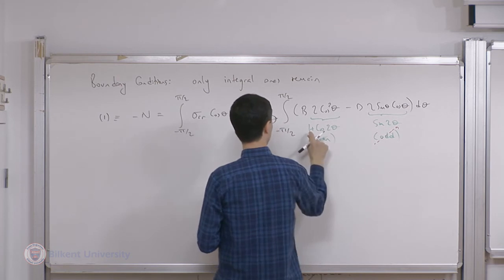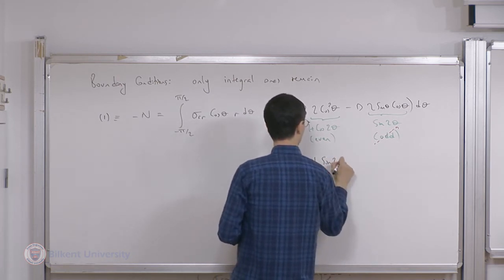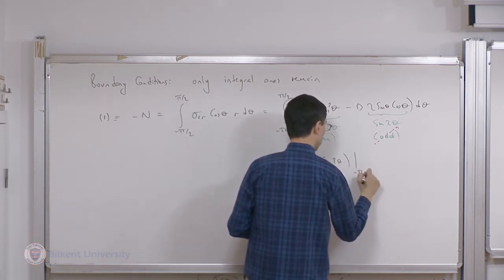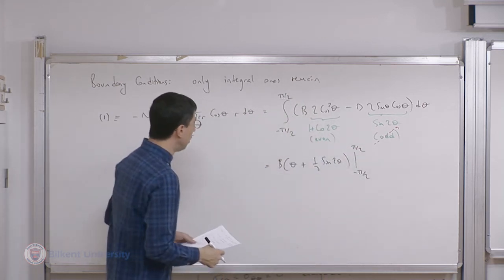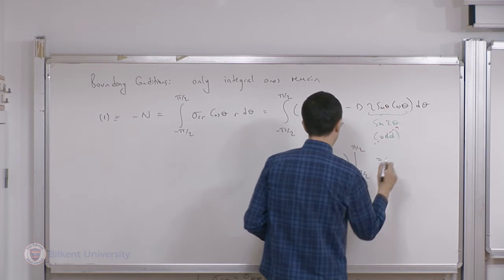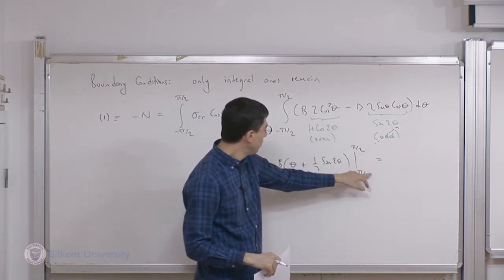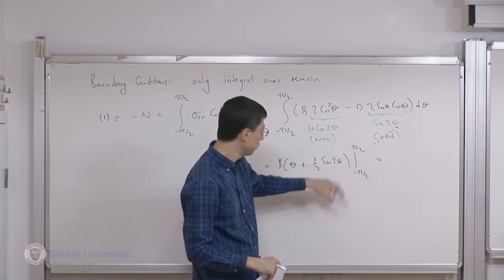So it's B. There's a constant. So I'm going to have a theta plus 1/2 sine 2 theta, integral from minus pi over 2 to pi over 2. Okay. Now, moreover, due to the limits of the integral, pi over 2, the sine term again vanishes when I evaluate.